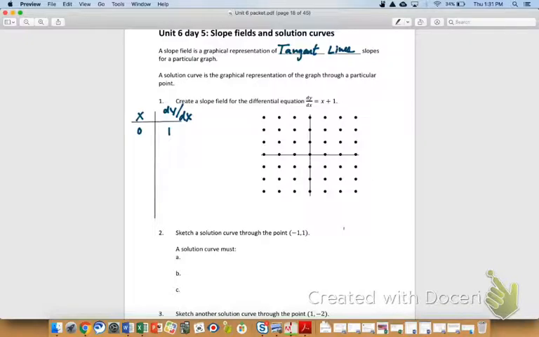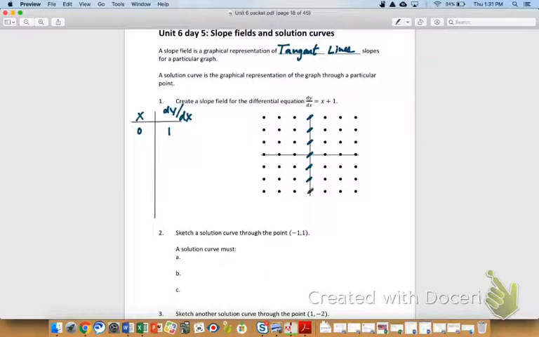So what I would do here is attempt to draw in little slopes of 1 wherever x is 0. Okay? So wouldn't x equals 0 be the y-axis? Yeah. So all along the y-axis, we'd have little slopes of 1. So I would put a little tick mark there, and I'm just trying to get it to be a slope of 1.